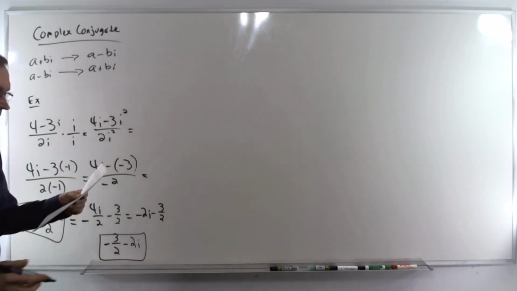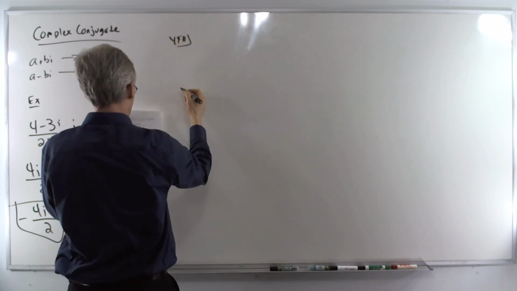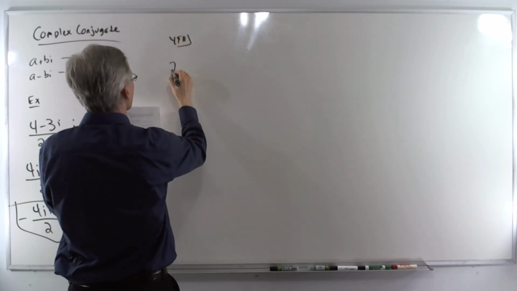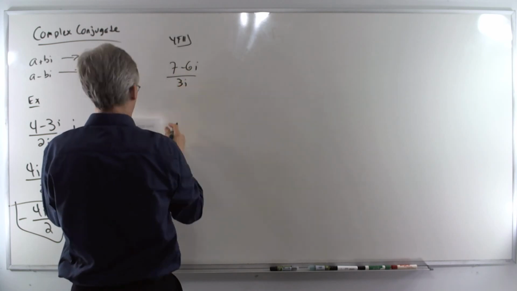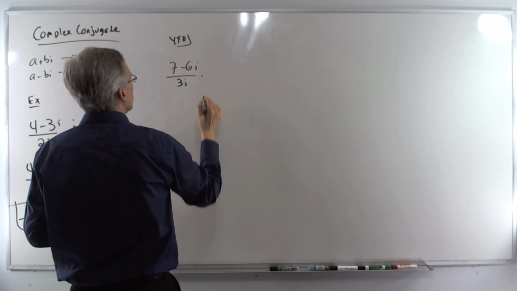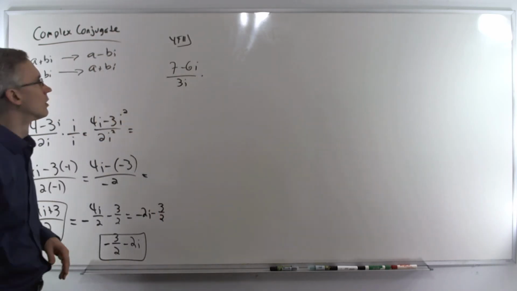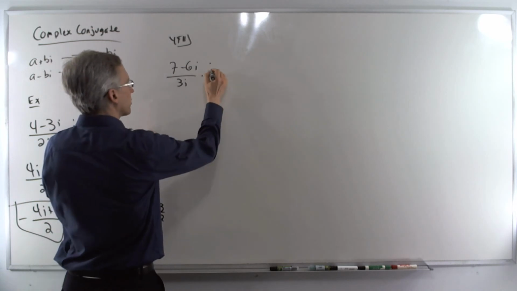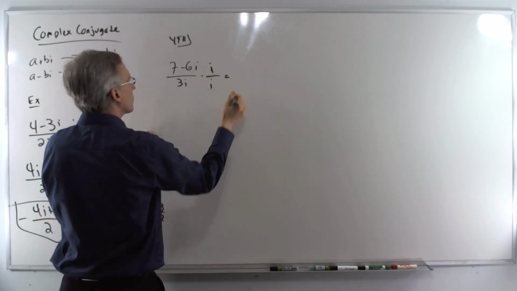Your turn, number 11. This is just like last time, we're going to multiply by i over i, so we can get rid of that i.